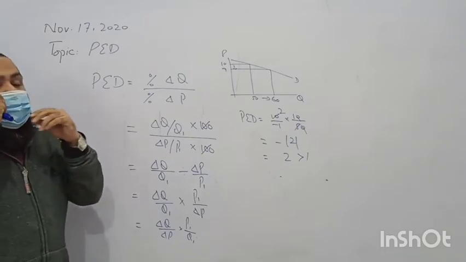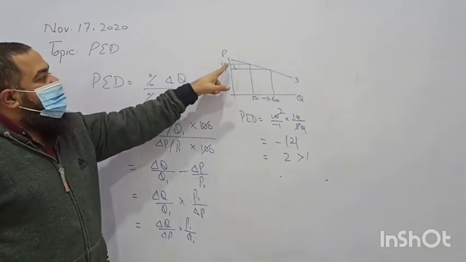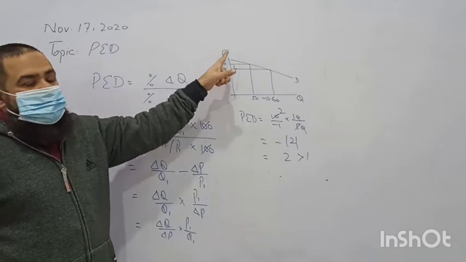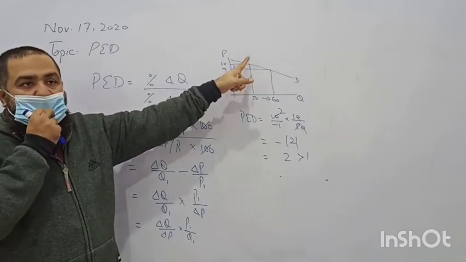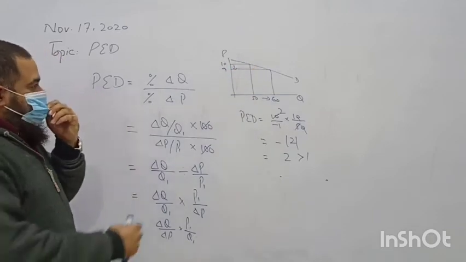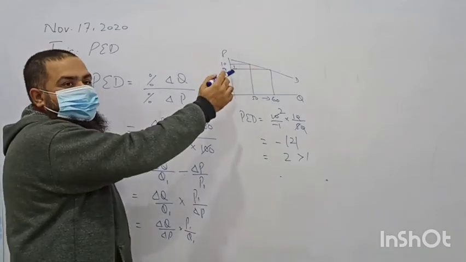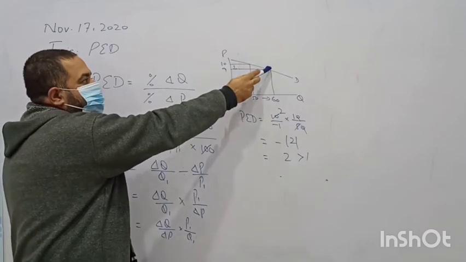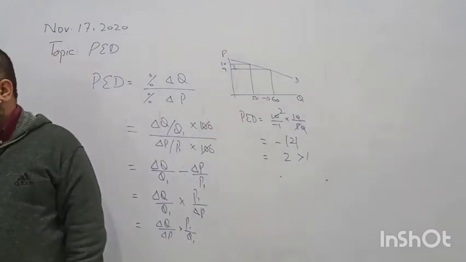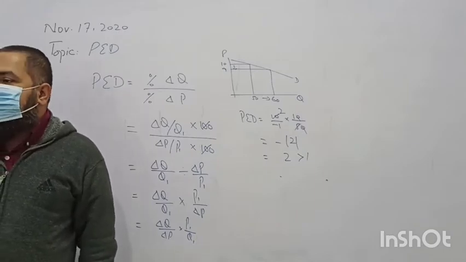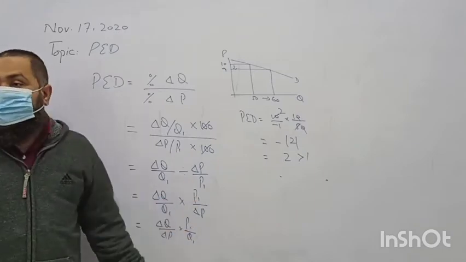Keep it in mind, if you start the change from 10, then this price elasticity of demand is measured at this point. And if you start the change from 9 to 10, then the price elasticity of demand will be measured at that point. It depends on where the change has started, that is P1 and Q1.